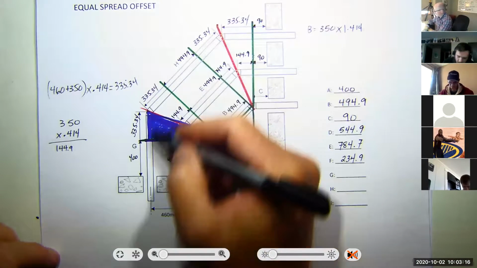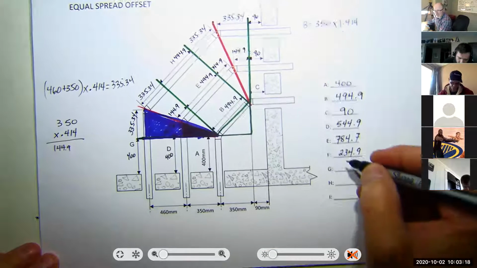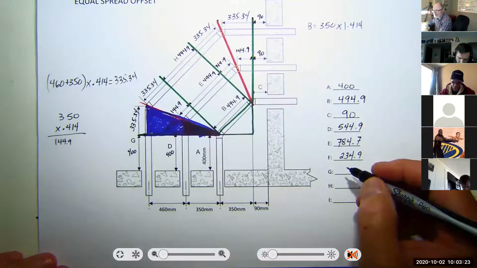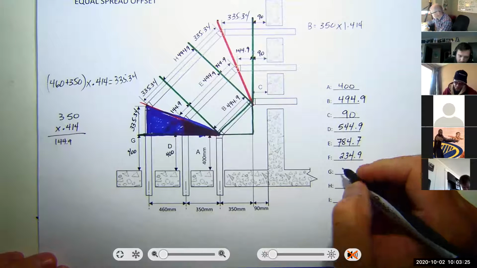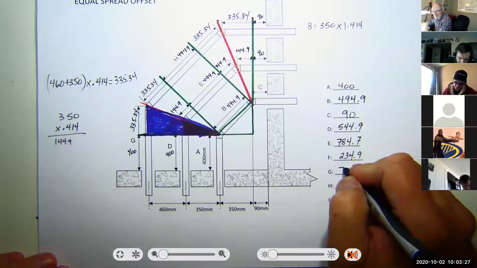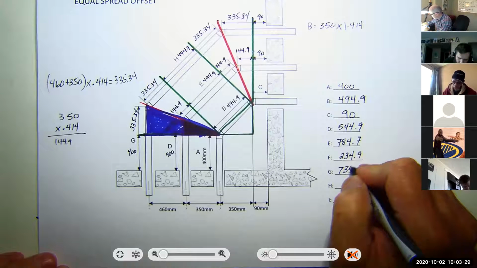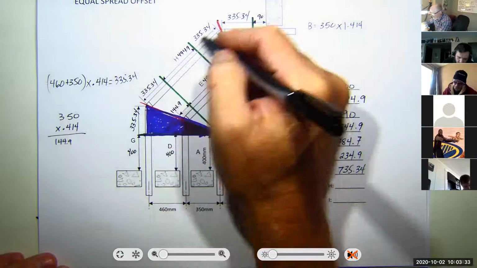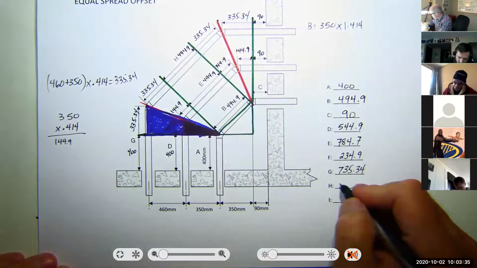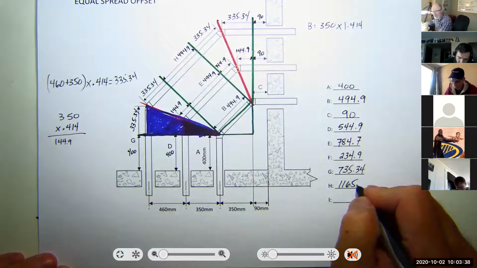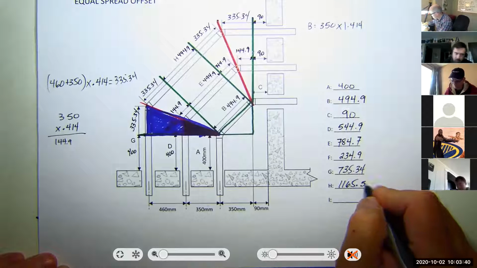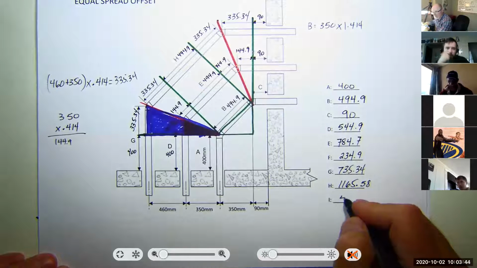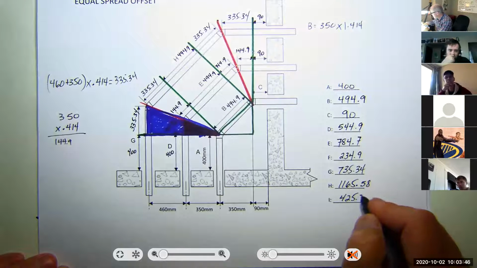And now I can solve for the rest of these just by adding those numbers together. So G is going to be 735.34. H, we add these three together. H is going to be 1165.58. And I is going to be 425.3.